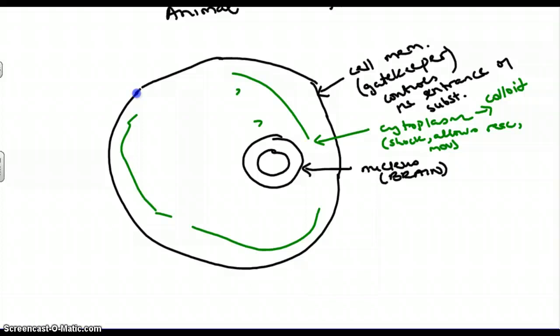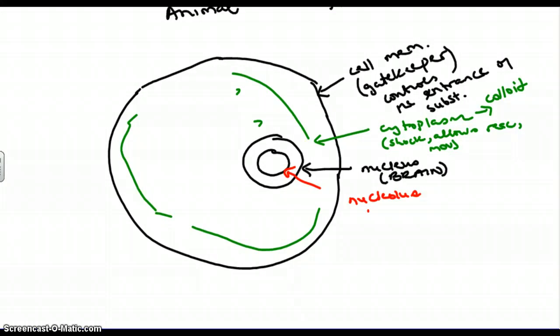Everything is coded for, and all that information is stored within the nucleus. If we go deeper inside the nucleus, we have the nucleolus. The nucleolus is the part of the nucleus that codes for ribosomes.